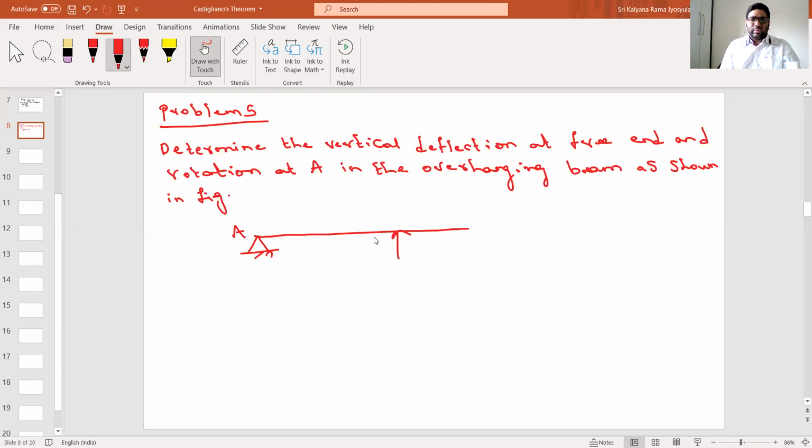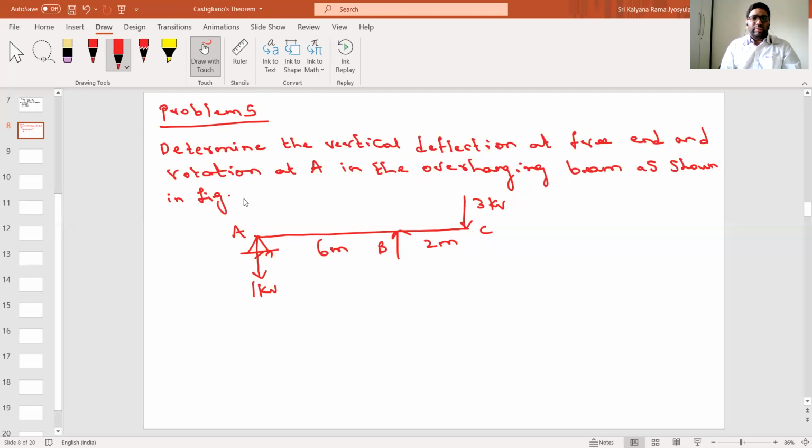So this is A, this is B, this is 6 meters, this is 2 meters, this is 3 kilonewton, and these are the values that are given. And apart from that, you also have a load of 1 kilonewton at the pinned end, wherever the support is pinned.